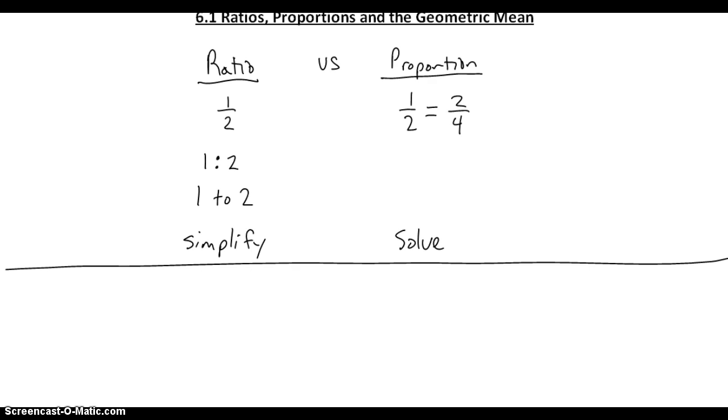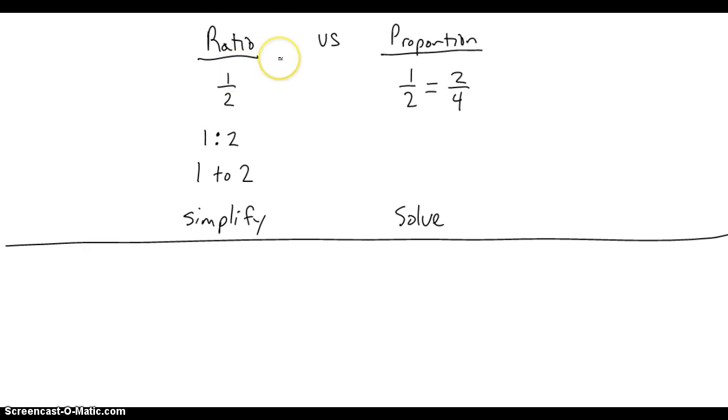Let's take a look at some examples that involve ratios and proportions. Example number 1. 1/2 plus 2/3. We're starting with two ratios, but we don't have an equal sign. So our job will be to simplify.